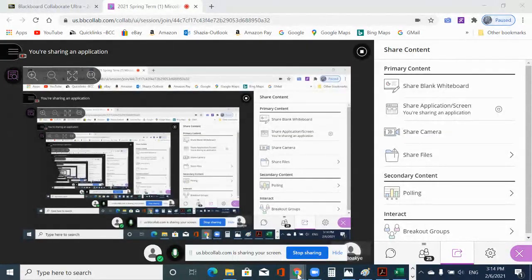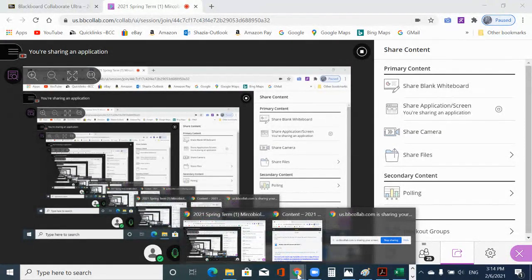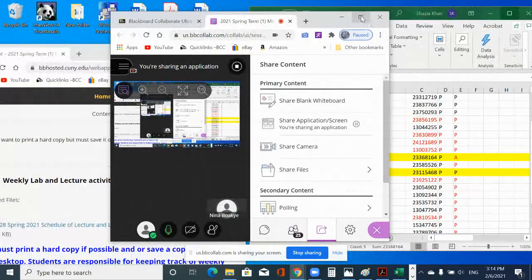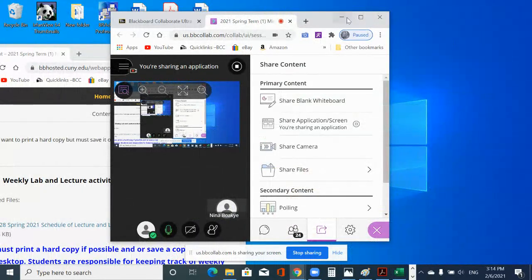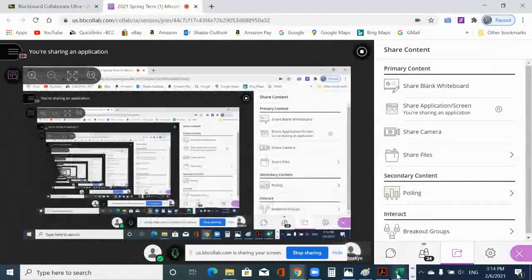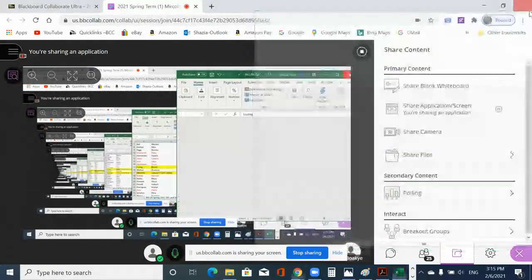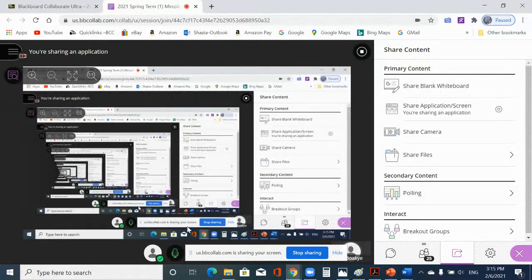Do you guys see the... No, I think you keep sharing this screen. Stop sharing. Share screen, application window. I think it's this one. Share.